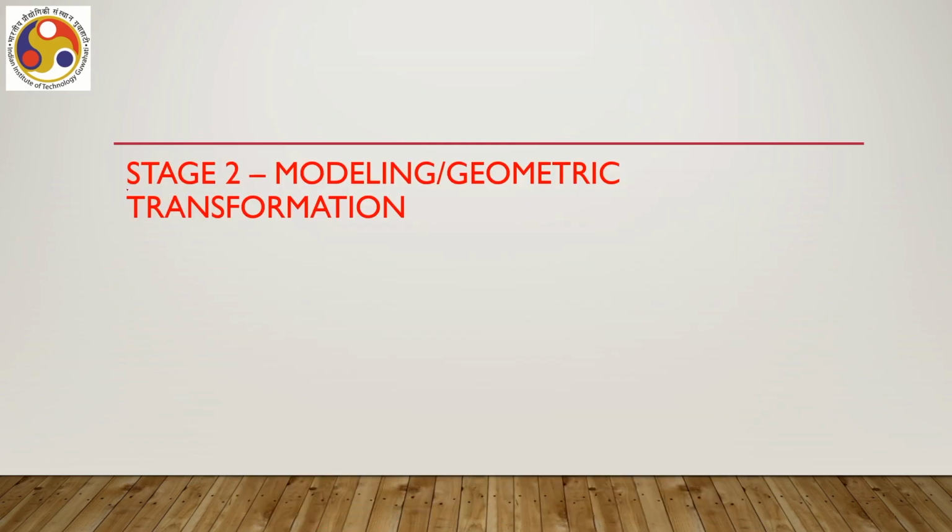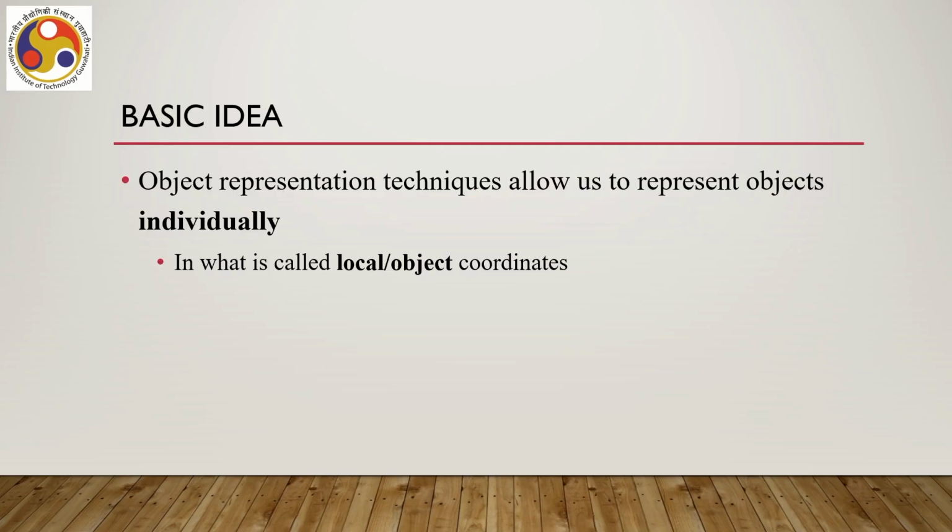So, let us start with stage 2, that is modeling or geometric transformation. Both the terms are used, either modeling transformation or geometric transformation. Now, what is the basic idea behind this stage? Earlier we talked about object representation. Now, these object representation techniques allow us to represent objects individually.